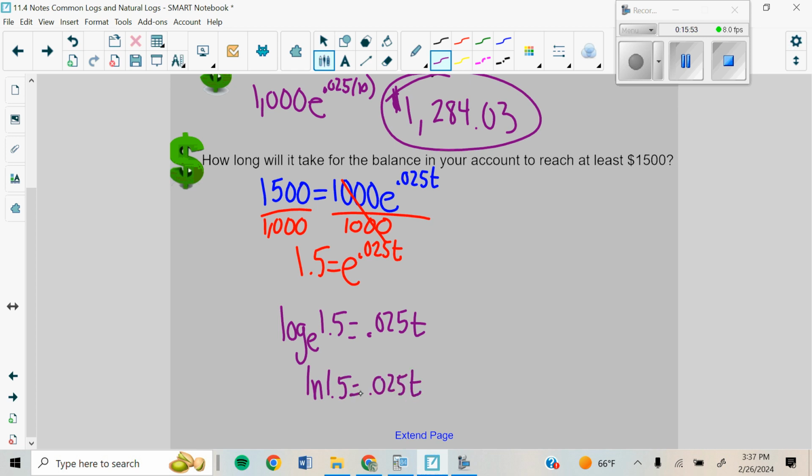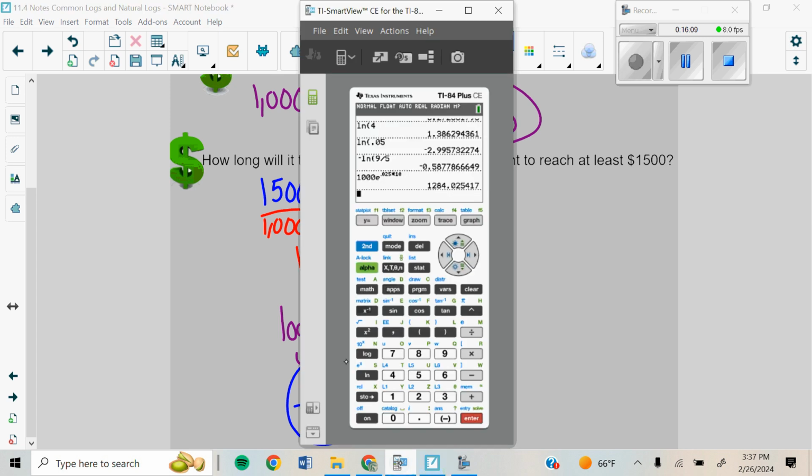Now we want to get t by itself, so we're going to divide by 0.025. Now pay attention, this is the natural log of 1.5, and you get that answer, and then you divide by 0.025. So just make sure when you are going into your calculator that you have the natural log of 1.5, close those parentheses off before you divide by 0.025.